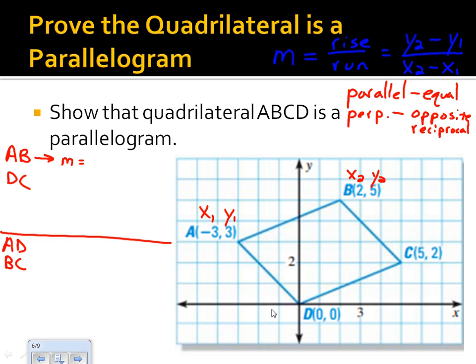So M is equal to, what's y2? 5 minus 3 over 2 minus negative 3. So this is going to be 5 minus 3, 2, over 2 minus negative 3. Add the opposite. So it's 2/5. Are we okay with that?